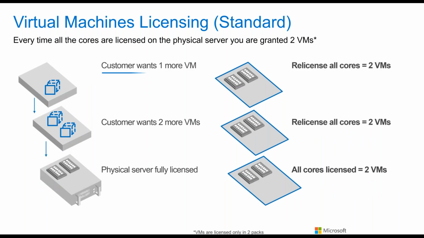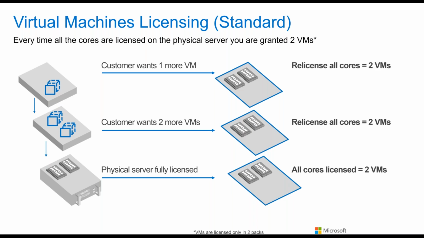If we try to calculate in regards to virtual machines, whenever customers purchase a standard license, they will receive the opportunity to have 2 virtual machines. So 2 virtual machines per standard license, right?